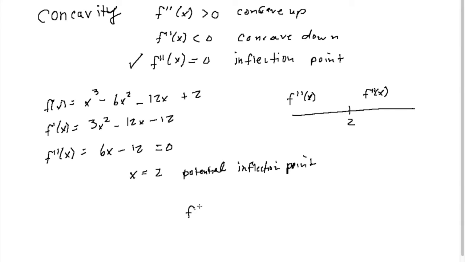So let's test 0. F double prime of 0 is 6 times 0 minus 12, and that equals negative 12. So it looks like to the left of 2, the value of the second derivative is less than 0, or negative. Let's test a value to the right. Let's test 3.